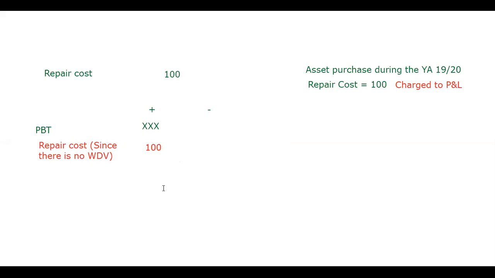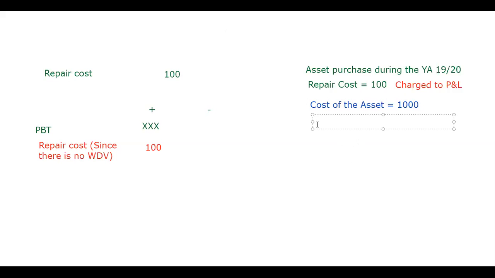Then this year is closed. Then the next year they can claim capital allowance on 100 after calculating the WDV during the year. Then let's say cost of the asset is 1,000. Then they can claim capital allowances. Then capital allowance is how much?